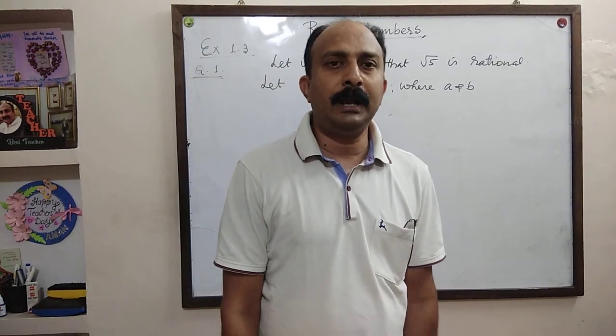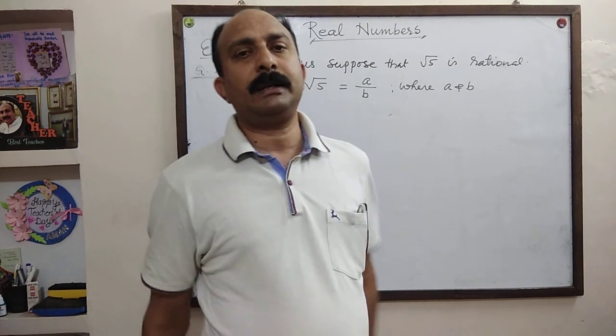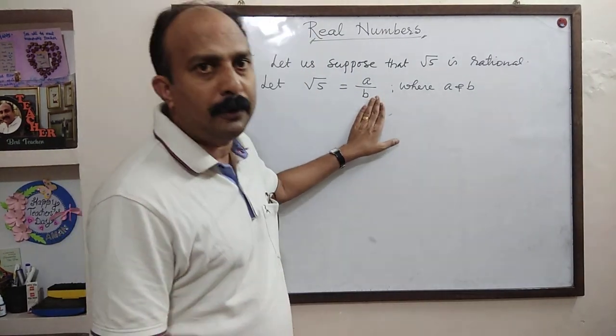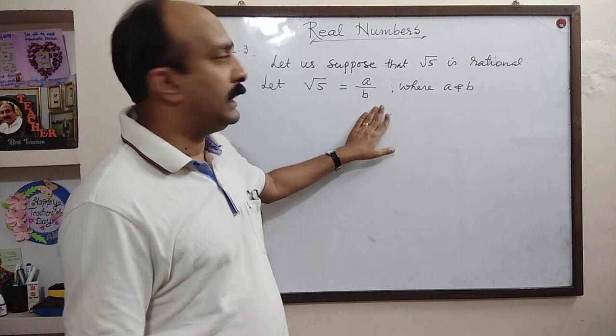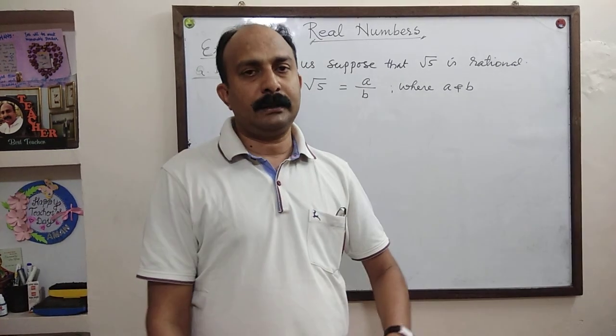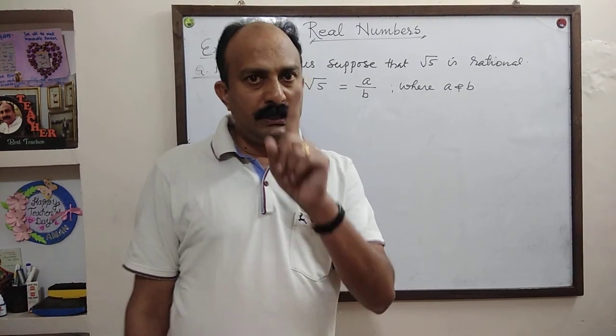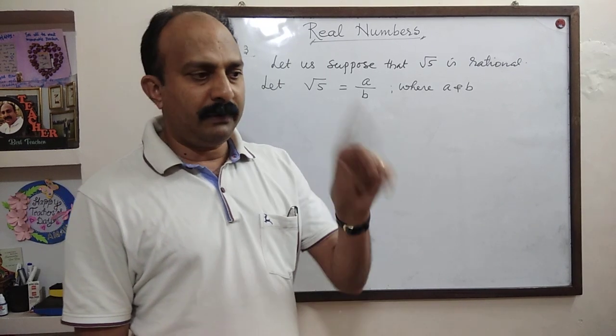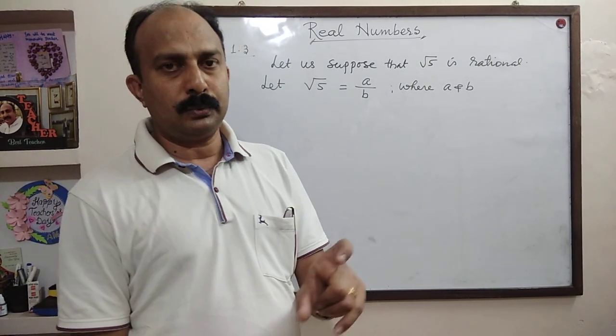What do you mean by coprimes? Having no common factor. Whenever we express a rational number in the simplest form, the numerator and denominator will never have a common factor. 2 upon 4 is not the standard form of a rational number. If it is 2 upon 4, we will make it 1 upon 2.